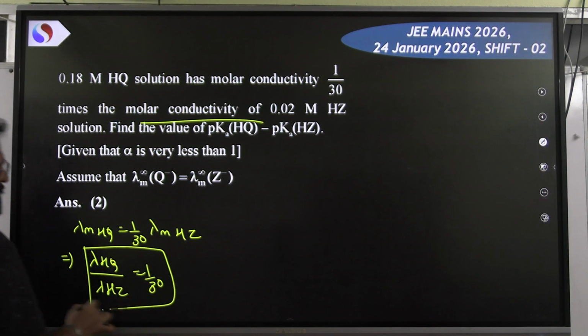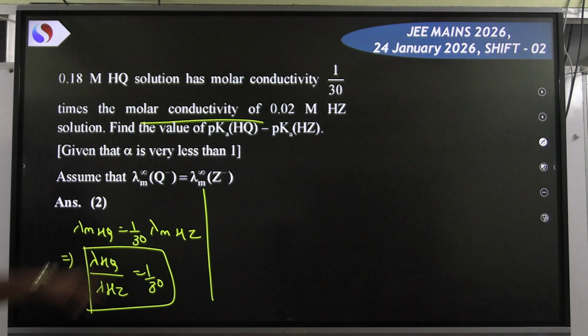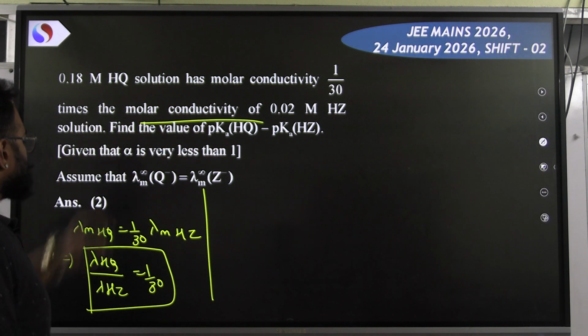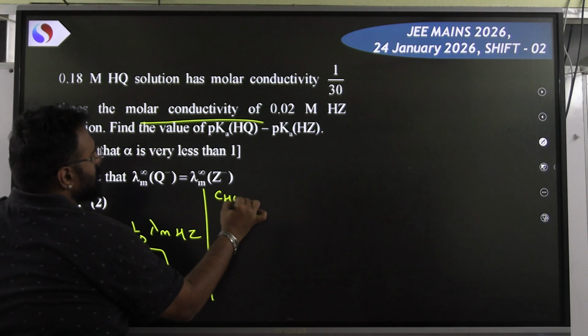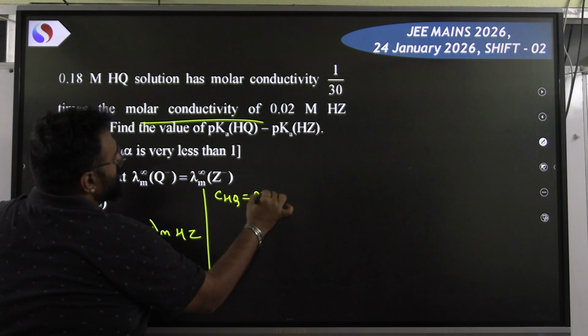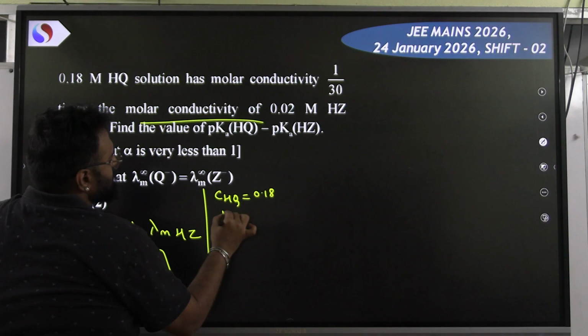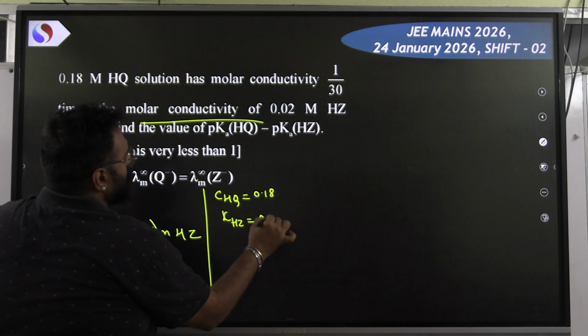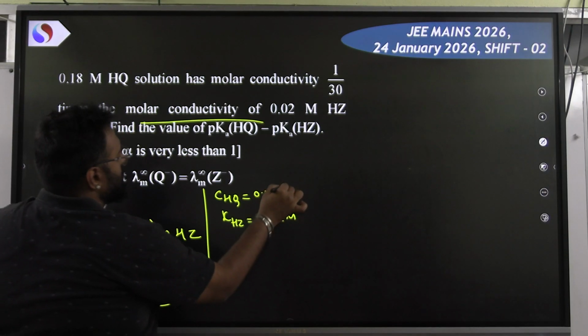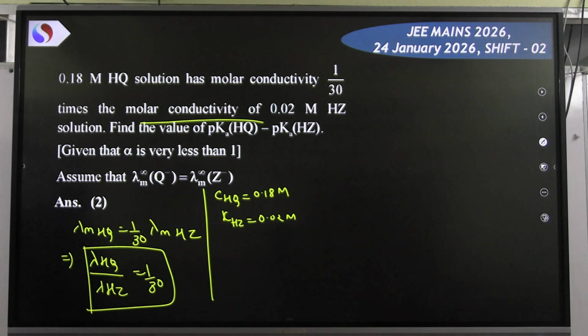Next, what is the data given? Concentration of HQ is given 0.18 and concentration of HZ is given how much? 0.02 molar. Find the value of pKa.